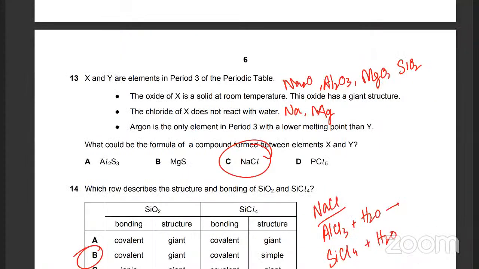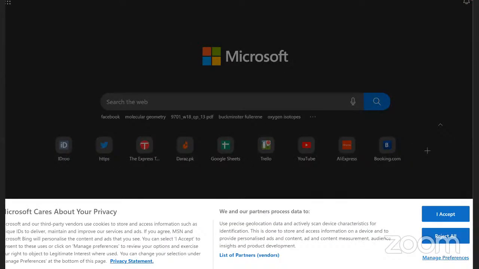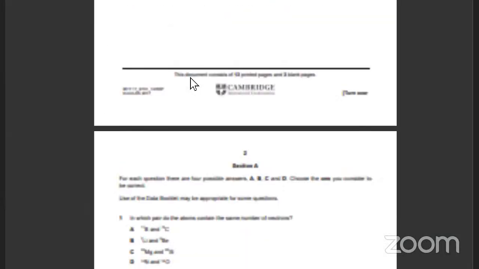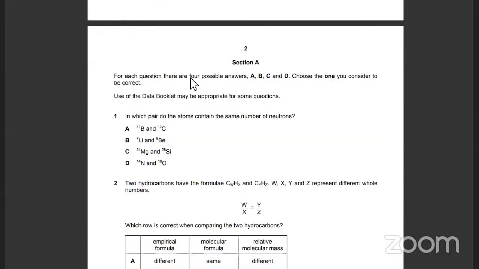What was the other question? Sir, October/November 17, variant 12. Which question? Sir, question 15.